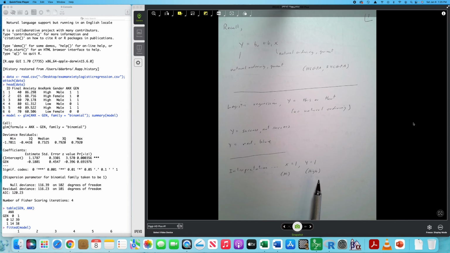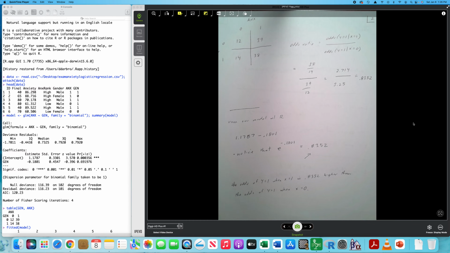And I think the example I used before was gender predicting anxiety. Now, I could set this up any way I wanted. I could predict the odds of a female having low anxiety, or a male having high anxiety. But the point I'm trying to make is we have to establish this in order to be able to appropriately interpret our coefficients.